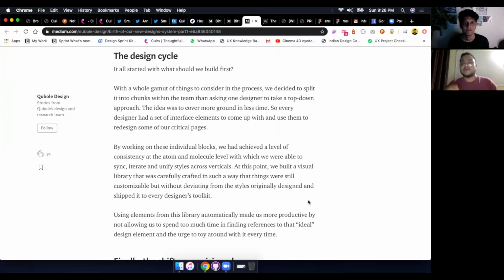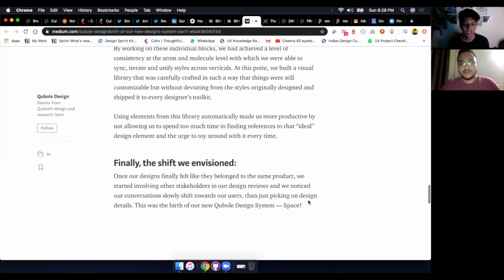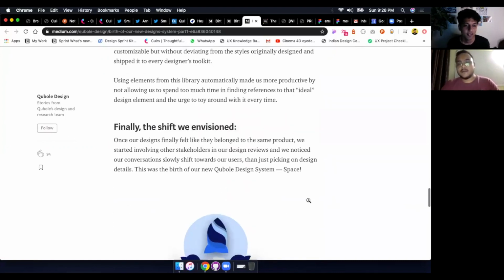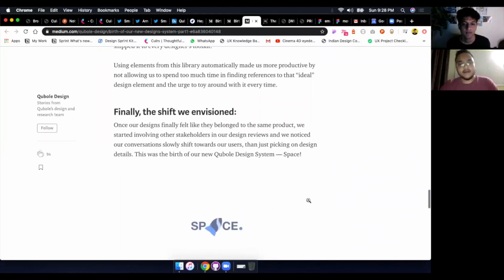In the QA cycle, we don't have to think about whether the button is right or not, whether the radio buttons are right or not; the basic elements should be there. That's great. The project is really deep, and anyone who wants to read can check it on Medium. Yeah, of course.